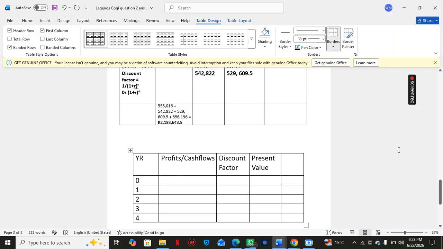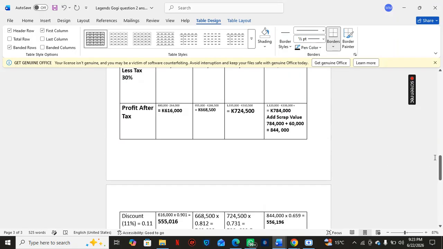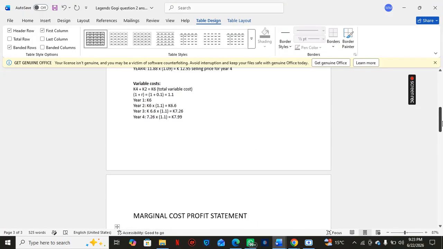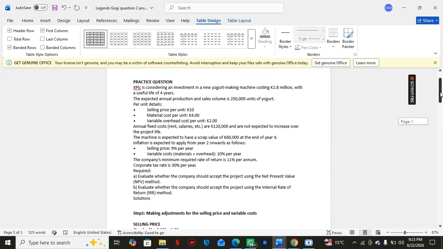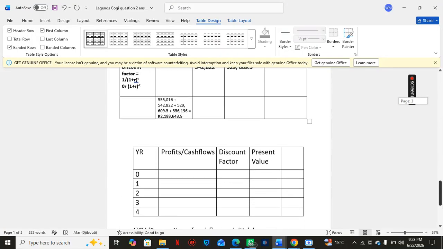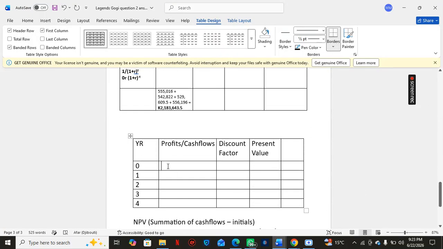Year 0 is when you're purchasing the equipment, the first day of year 1. Say the equipment cost 1.8 million.